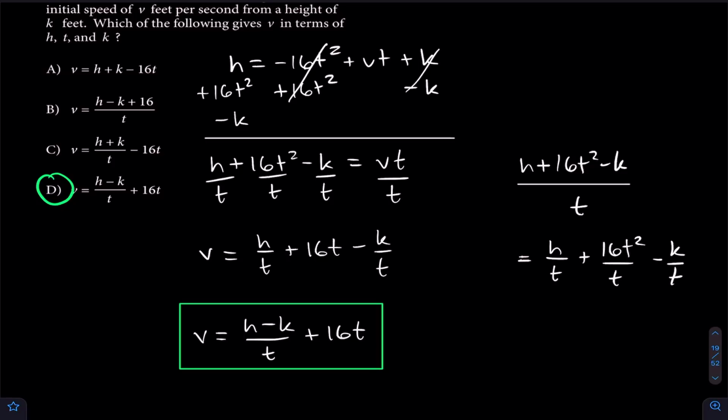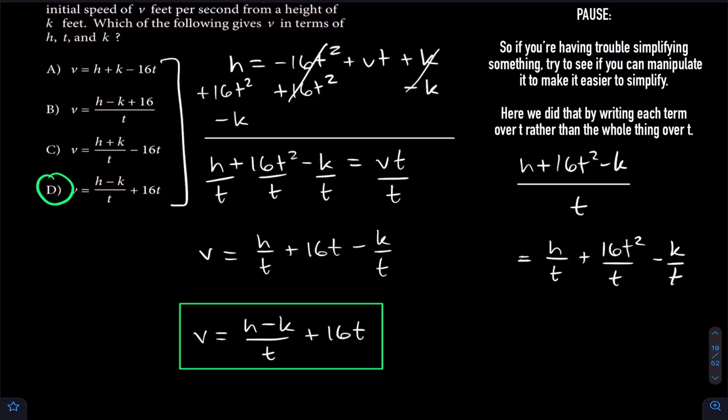If you're having a hard time believing that, this is just a bunch of fractions with a common denominator. We can add and subtract all those together to get this. So it's the exact same thing. It's just, in this problem especially, it was easier to write it like this because then we were able to simplify a little bit and get something like one of our answers. So just a little thing to watch out for there.